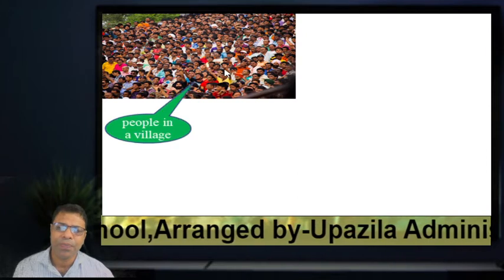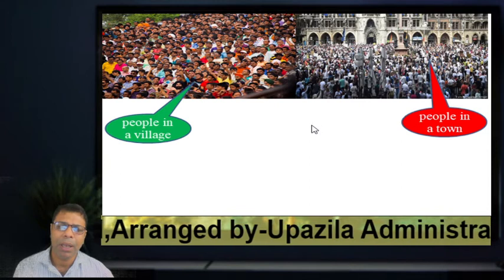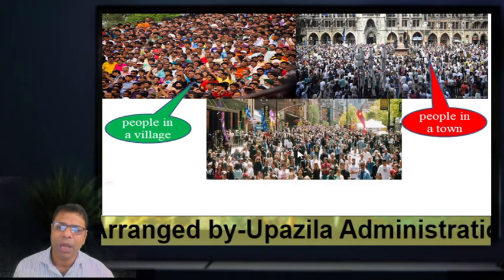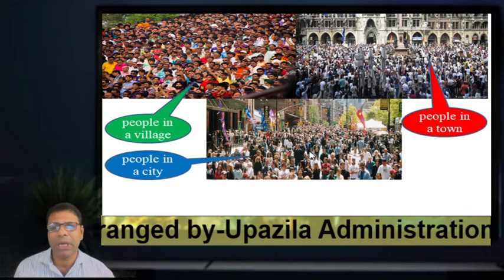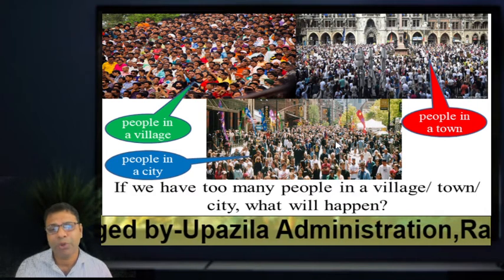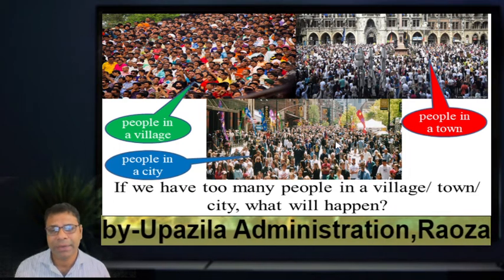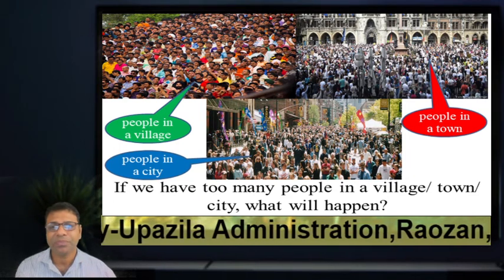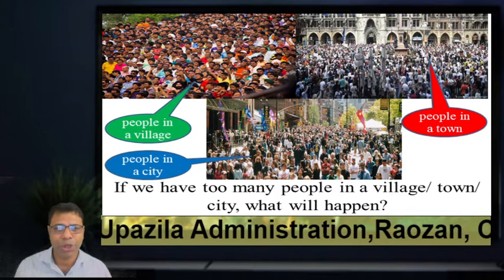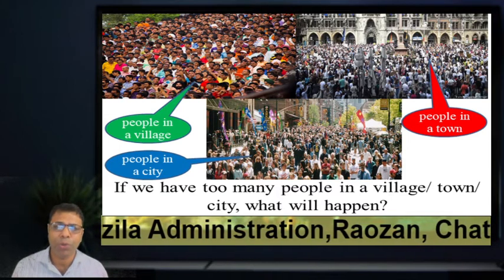These are people in a village, people in a town, and these are the people in a city. Now, dear students, if we have too many people in a village, town, or city, what will happen? Okay, I am going to share my opinion. After that, you have to write your own opinion.